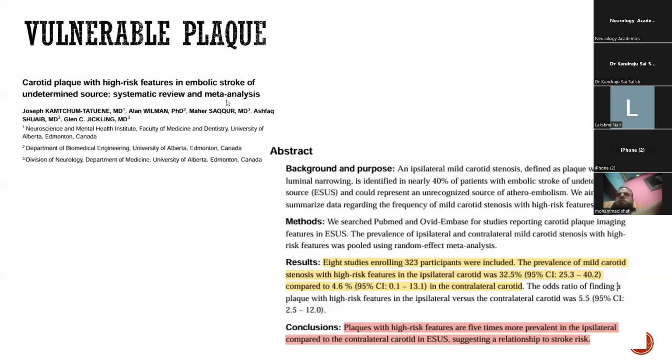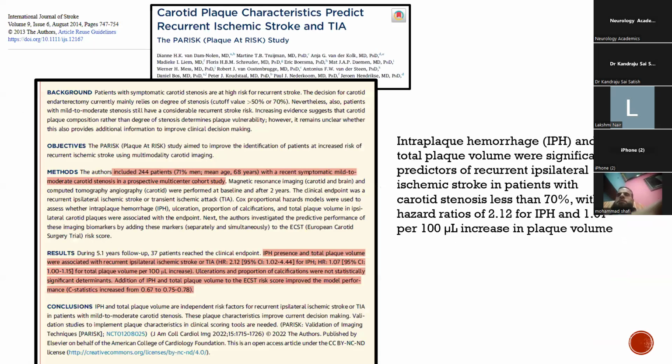So in this study on carotid plaque with high-risk features in embolic stroke of undetermined source, by Joseph et al., 323 participants were included, and they found that plaques with high-risk features are 5 times more prevalent in the ipsilateral compared to the contralateral carotid in ESUS, suggesting a relationship to the stroke risk.